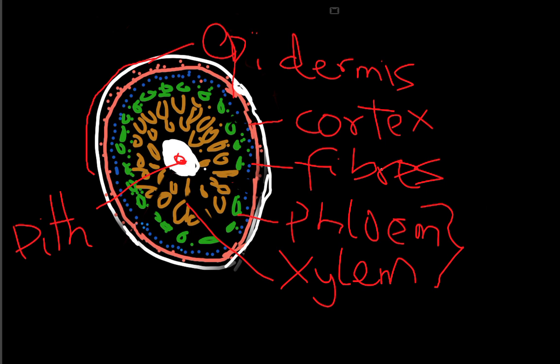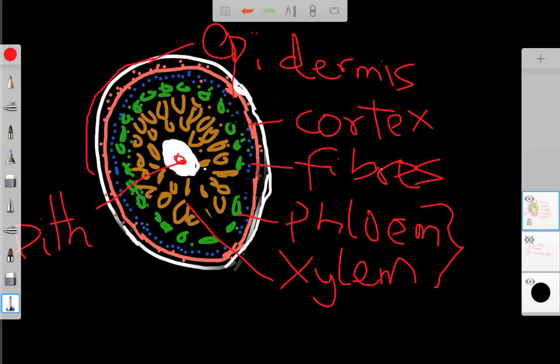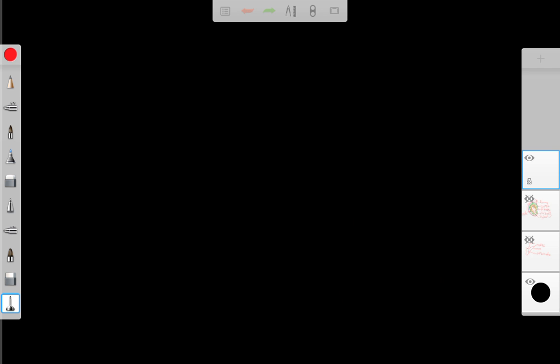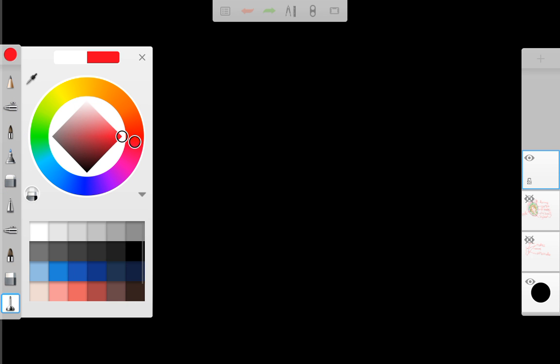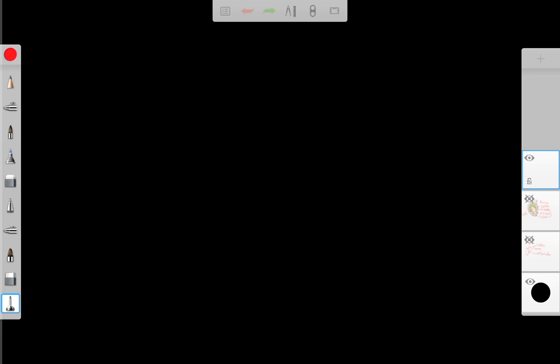In a monocotyledon, it's not normally like this. In a monocotyledon, you find more of the xylem and the phloem in the outermost layer. So let me make a quick illustration of that.